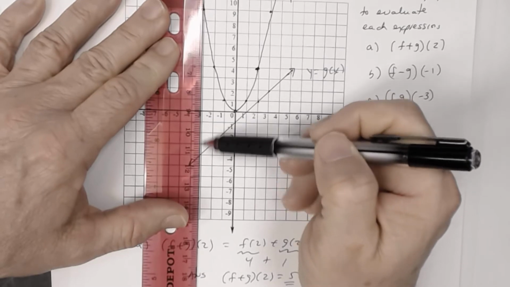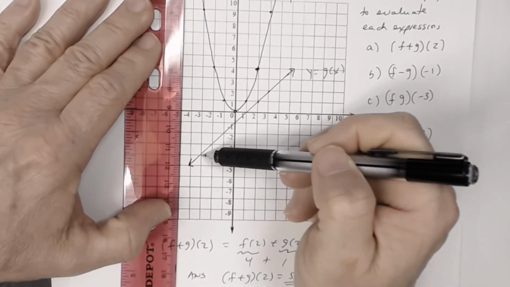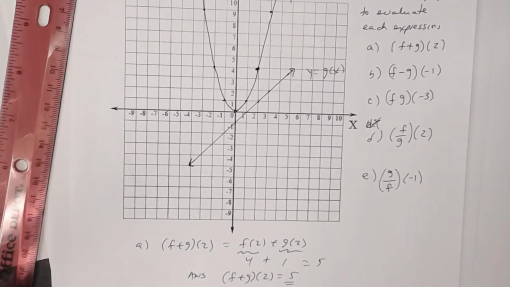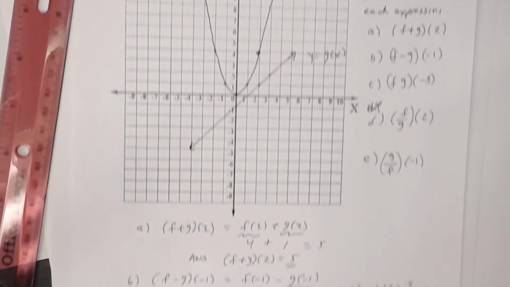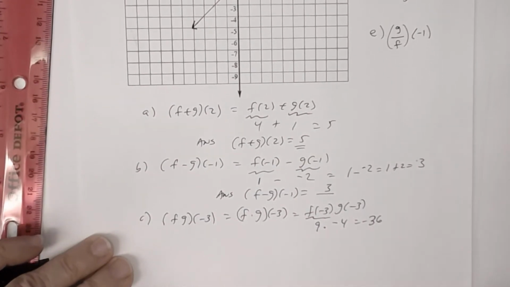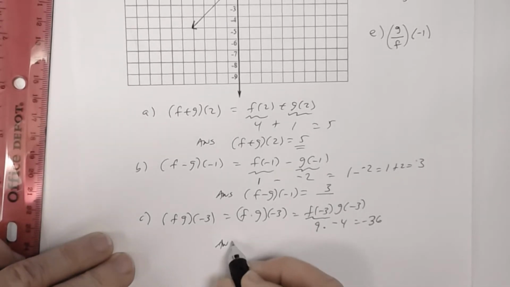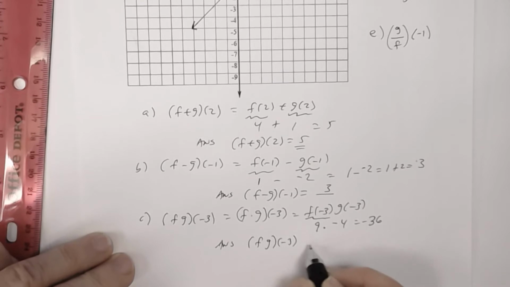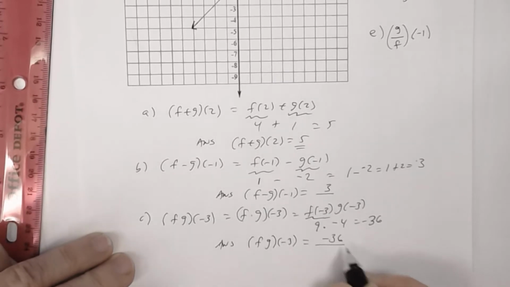When x is negative 3, the y value is negative 4. So 9 times a negative 4 is a negative 36. So f times g at negative 3 equals negative 36.